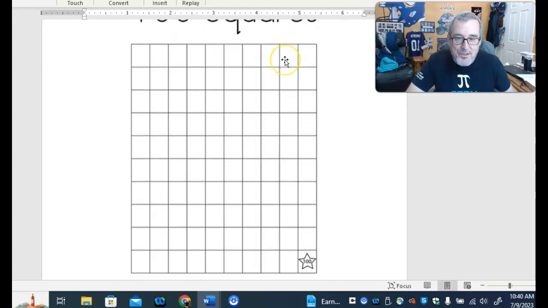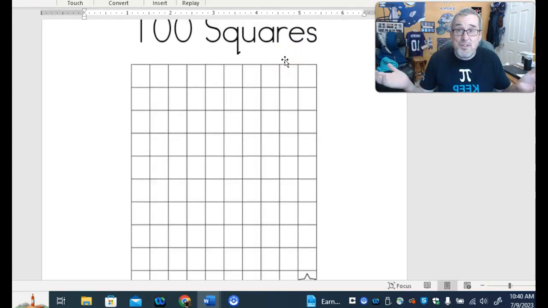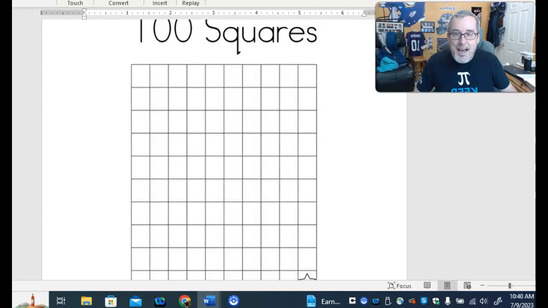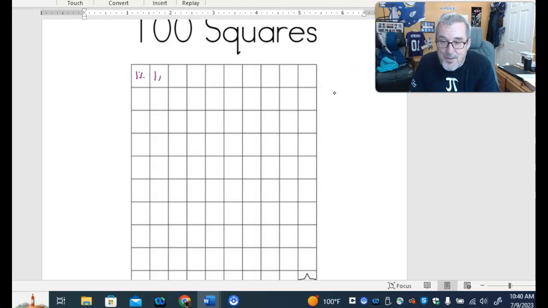Now this is where the 100 squares come in. 100 squares is a great visual tool to help students see what's happening with percentages. Each square, since there's 100 squares, each square represents 1%. Can you imagine? I won't write them all in, but can you imagine 1%, 1%, 1%, 1%, 1%?